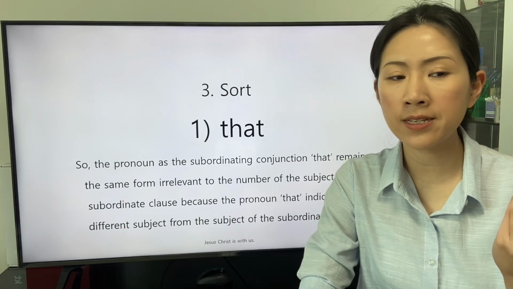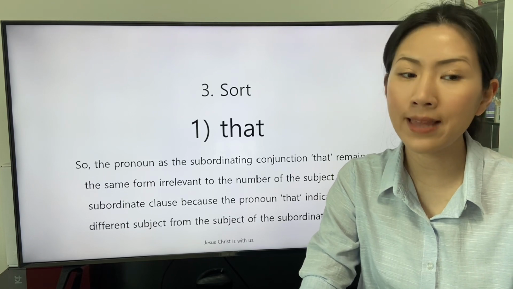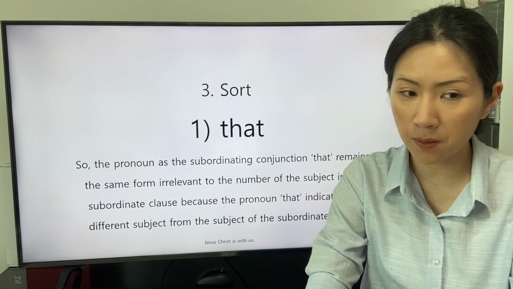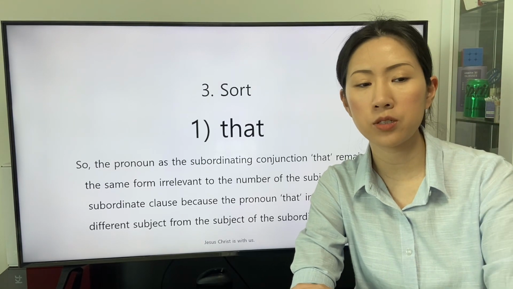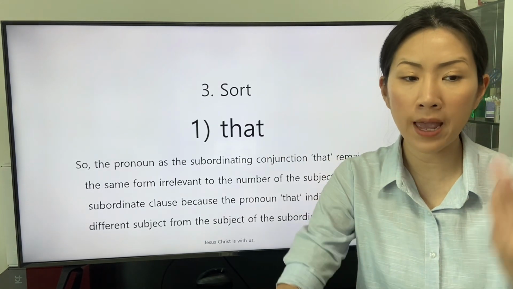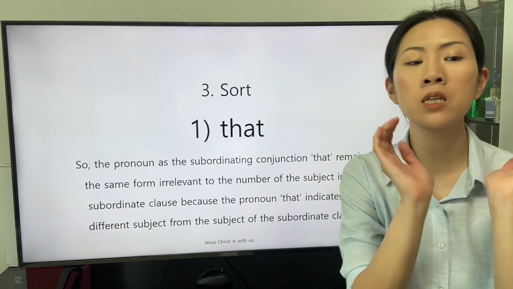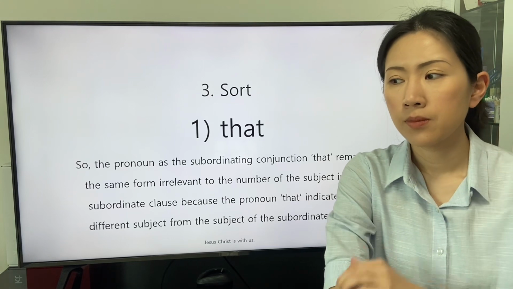So the pronoun as the subordinating conjunction that remains the same form irrelevant to the number of the subject in the subordinate clause, because the pronoun that indicates the different subject from the subject in the subordinate clause.